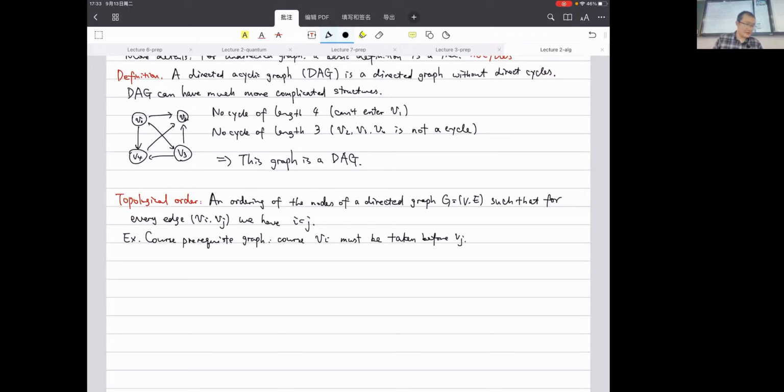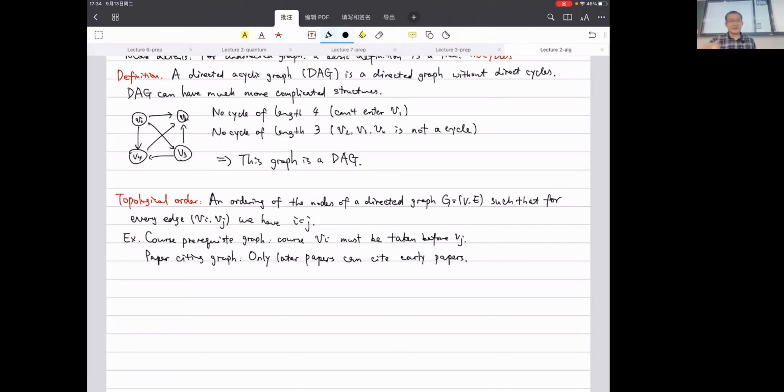And let's also consider something like a paper citing graph. Only later papers can cite early papers. It just means that there are very natural scenarios in which we can consider such a topological order.